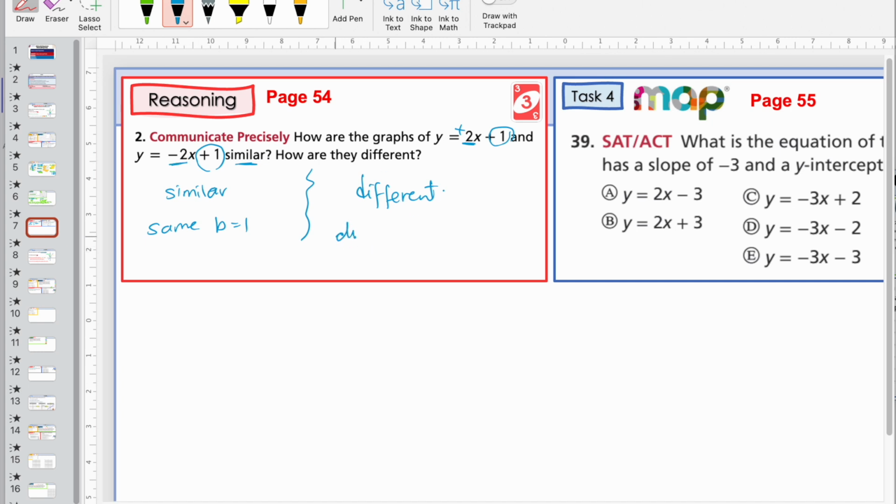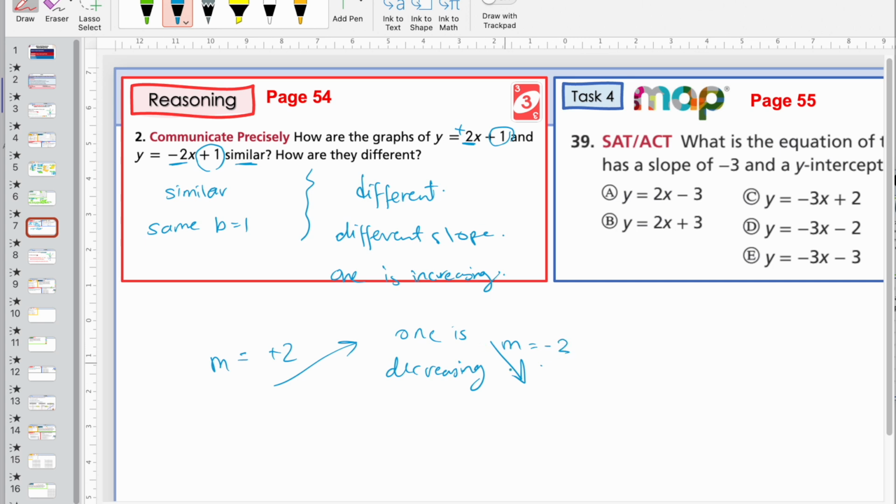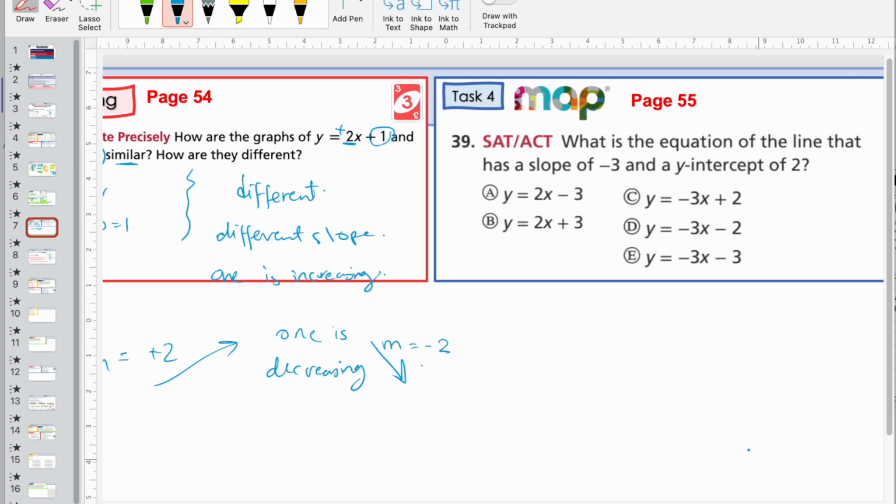So different slope. One is increasing because it's a positive slope. One is decreasing because it's a negative slope. Positive 2 is m, so it's increasing. Once the slope is negative, then the line is going down, decreasing.